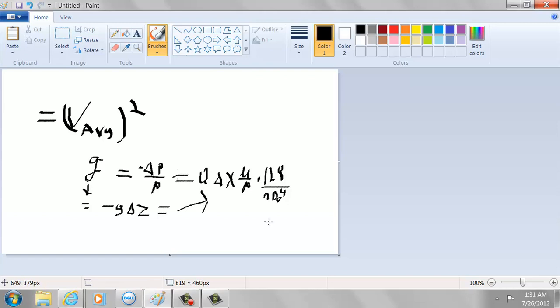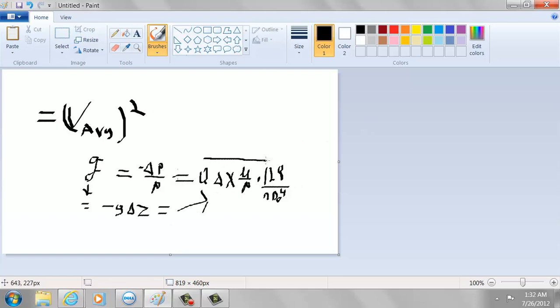If you can't memorize these formulas, at least have these on a sheet of paper. At least for our test, our professor allows us to have a little bit of a cheat sheet, a couple pages, write all these formulas down. This is definitely one to write down. Thus, for either horizontal or vertical laminar flow, we find that this fancy F term is equal to Q delta x mu over rho multiplied by 128 over pi d naught to the fourth.